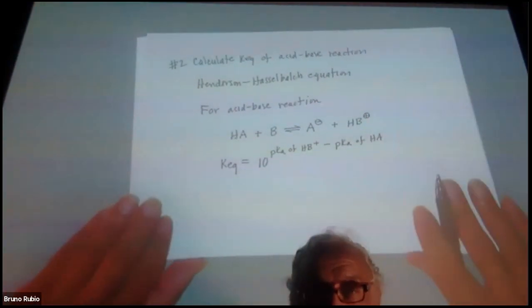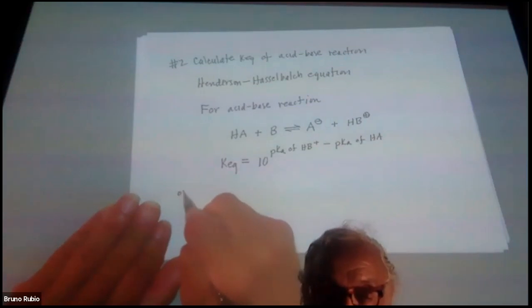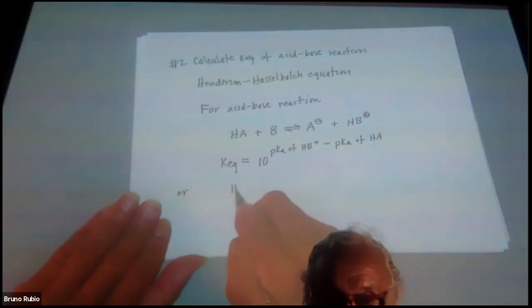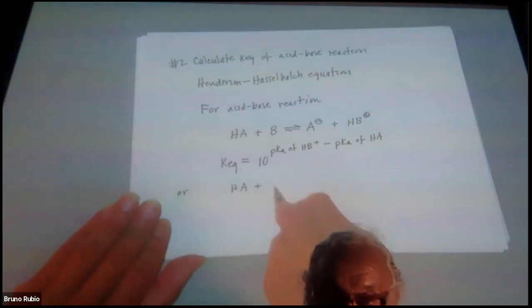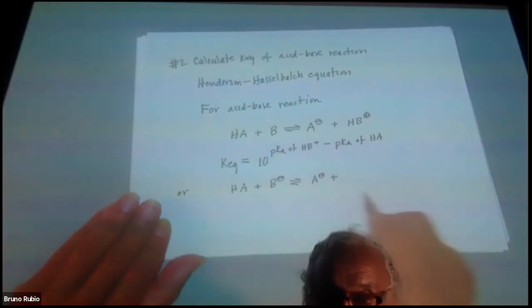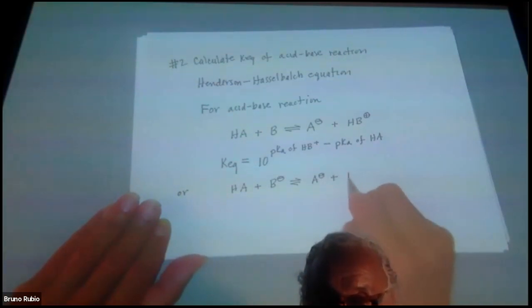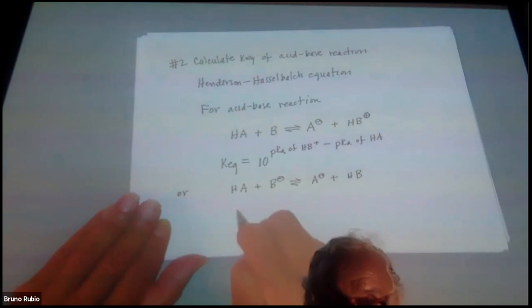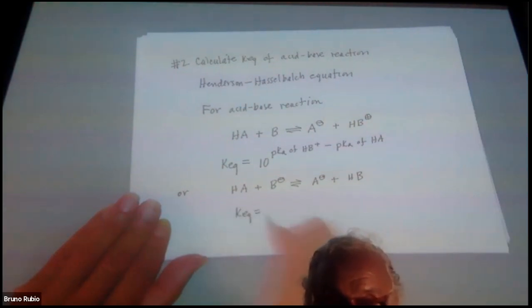Another way, maybe simpler to understand, of writing this equation could be HA plus B minus makes A minus plus HB. So in this version, it's the same.